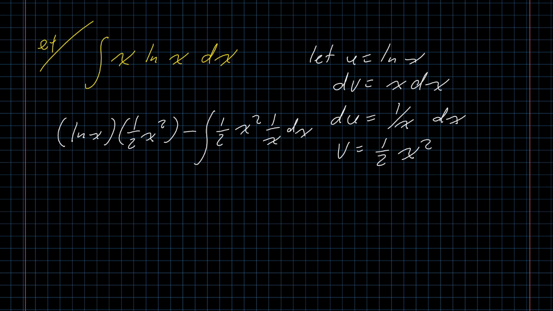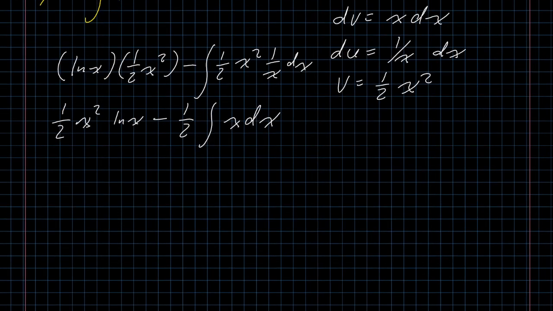And as ugly as that looks, it's really not that bad. We've got 1/2 x squared times the natural log of x minus 1/2 the integral of x dx. The integral of x is just 1/2 x squared. Multiply that by the 1/2 in front. And add our constant of integration.